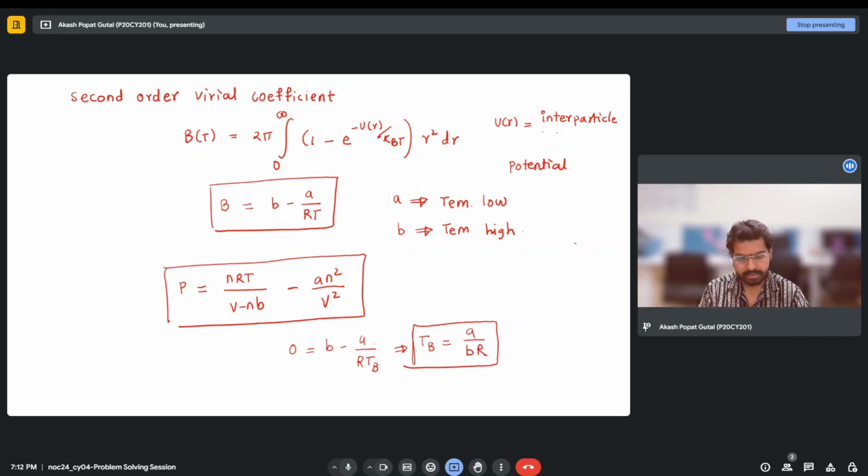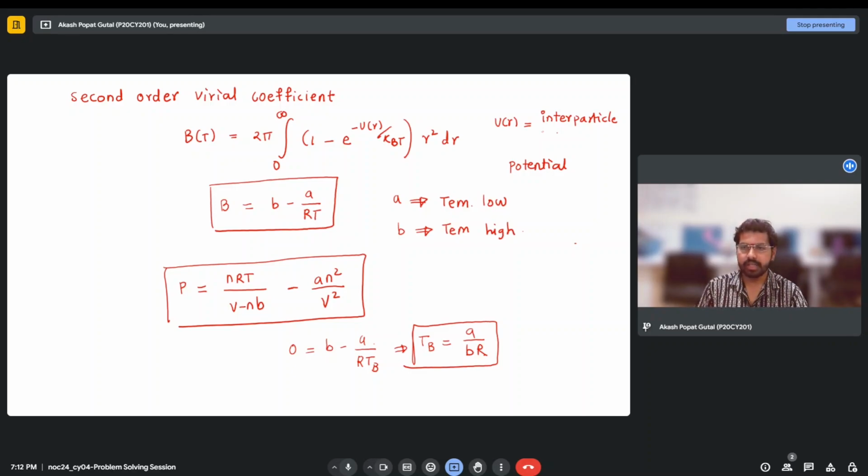You can see it is B equal to minus 2 pi, integration from 0 to infinity, of the bracket e raised to minus u(r) by kBT minus 1, into r squared dr.